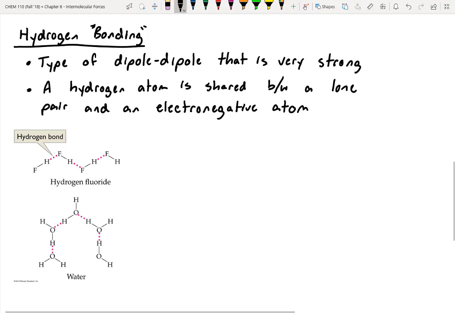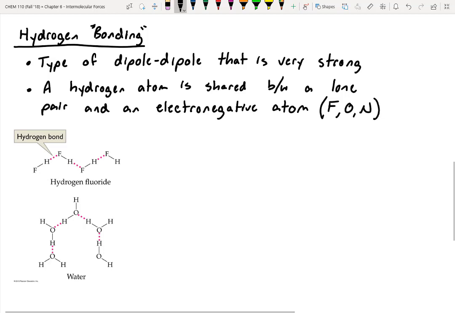It would be fluorine, right? The closer we get to the top right-hand corner of the periodic table, the more electronegative we get, with the exception of the noble gases. So fluorine would be an example of a good partner for hydrogen bonding. The other one that's common is oxygen, and then the third one is nitrogen.